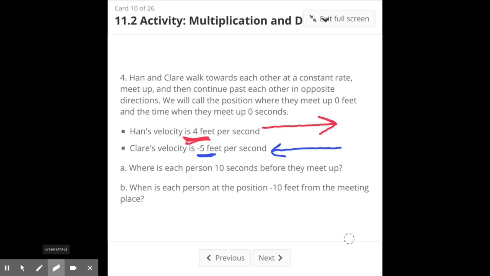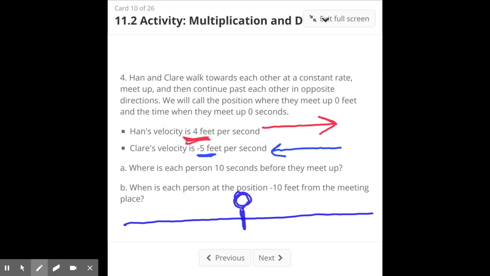All right, when each person is at the position of -10 feet from the meeting place, when are they there? When are they -10 feet from the meeting place? All right, so let's go ahead and draw that number line again. And we've got their meeting place right here.